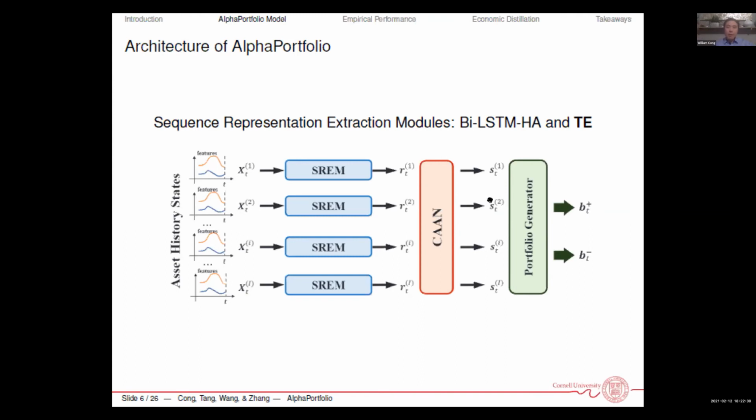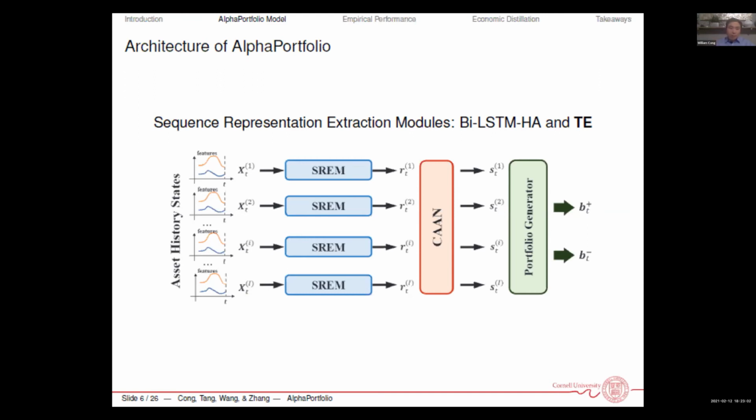We're going to use that to generate what we call winner scores. We're going to take long positions in the high score stocks and short positions in the low score stocks, and use that to generate a portfolio. Now, let's say we use out-of-sample Sharpe ratio as our criterion. The portfolio is going to perform horribly initially, because we are randomly initializing the parameters.